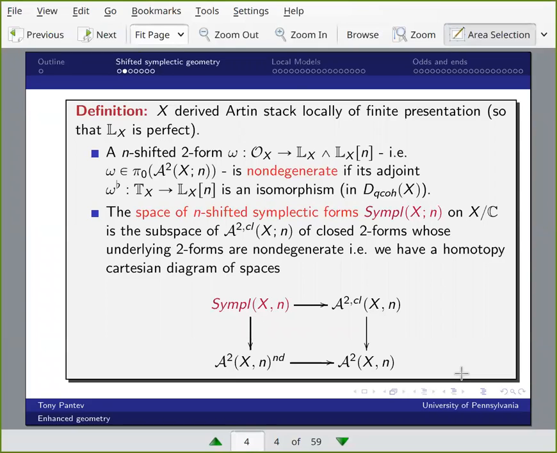And it's symplectic if it's lifted to a closed n-shifted two form. So a symplectic n-shifted form is a closed n-shifted two form whose underlying form is non-degenerate in this sense: its contraction gives you a quasi-isomorphism between the tangent and the cotangent complex shifted by n.